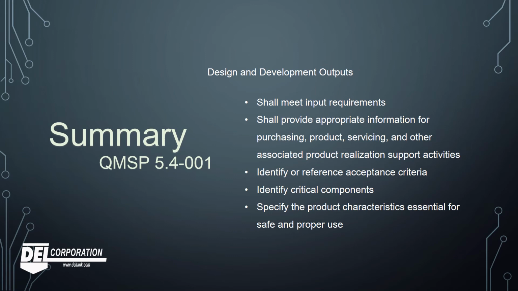Design and development outputs shall meet input requirements, shall provide appropriate information for purchasing, product, servicing, and other associated product realization support activities, identify or reference acceptance criteria, identify critical components, and specify the product characteristics essential for safe and proper use.